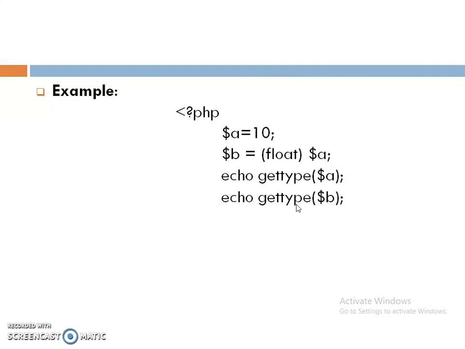Now we are printing the data type of variable $b also. Close your script and the output is integer for $a. $a is 10, so its data type is integer. In the second statement, the output is double because $b is float. It will be considered as the maximum size, double, so it will return double.